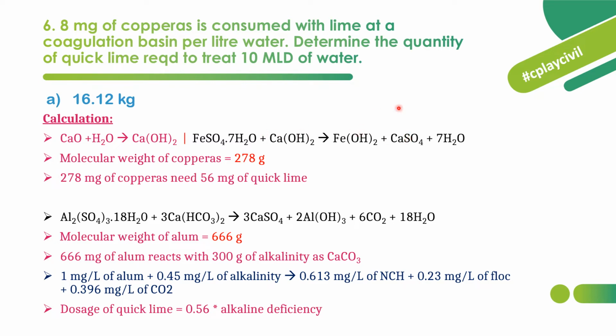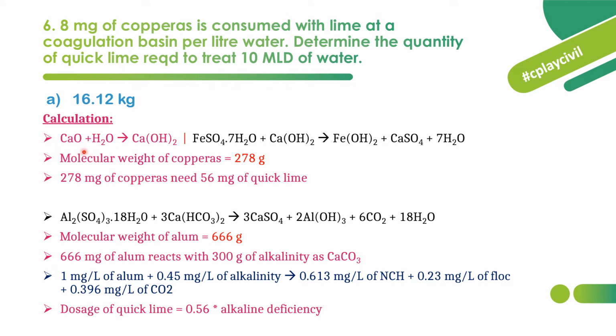After coagulation we need to remove this permanent hardness, that is calcium sulfate, and this Fe(OH)2 is the floc. This is the floc formed when Copperas is used as the coagulant. The molecular weight of Copperas is 278. This 278 of Copperas needs 56 of quicklime.